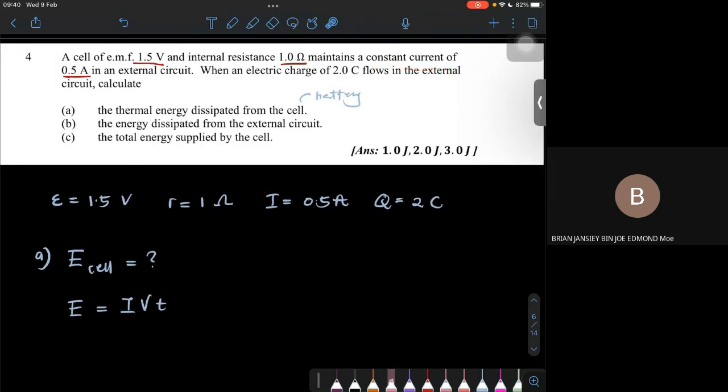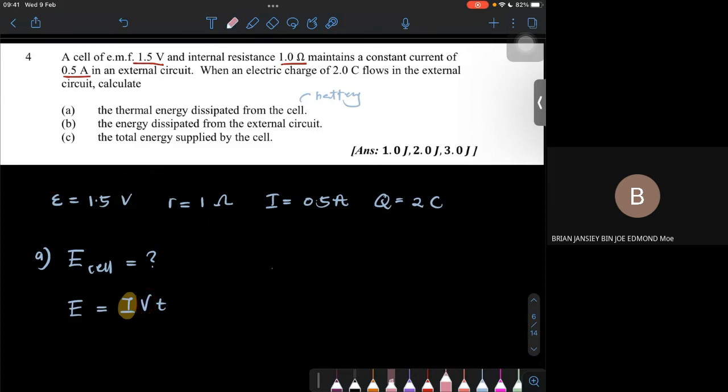Dia adalah current yang sama throughout the circuit. So we have I. Okay, we don't have V and T. V di sini adalah voltage drop in the cell, since kita punya cell ni ada resistance.